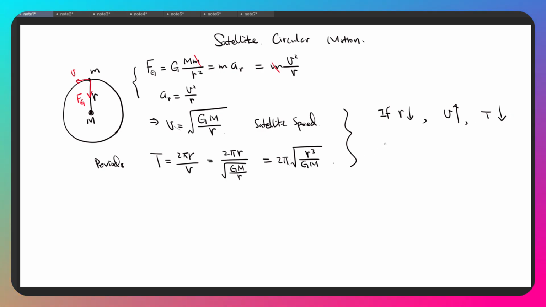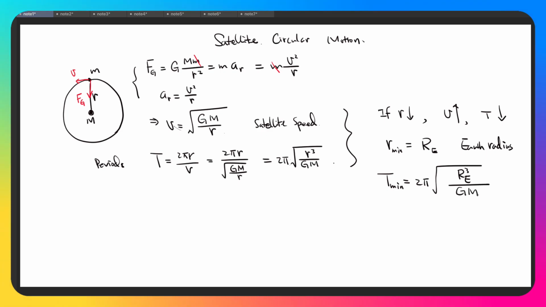And we know Earth has a radius, right? So the smallest r that we can have is the Earth radius. And then we can calculate the minimum period, which is given by 2 pi times the square root of R_E cubed over GM.